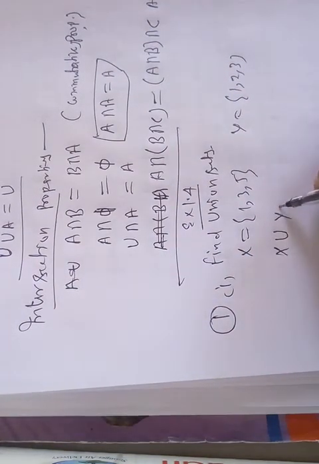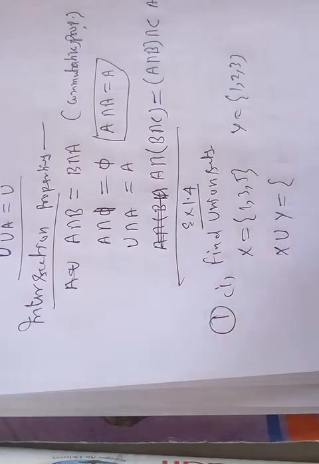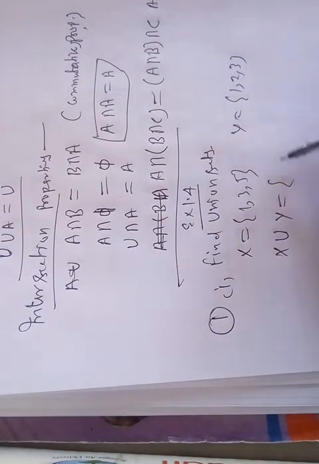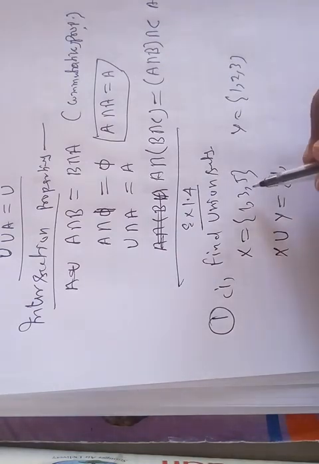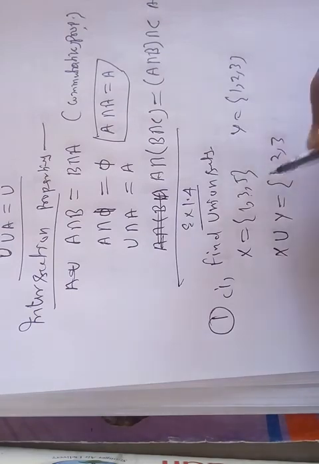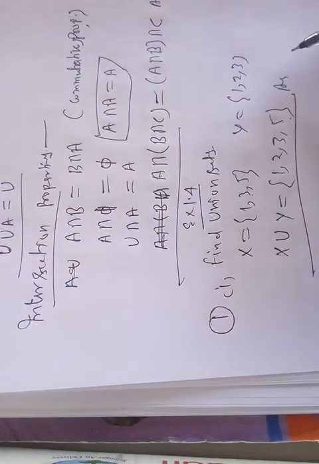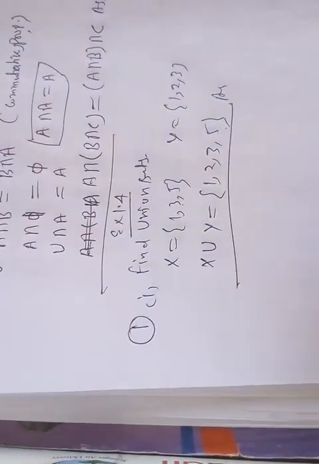X union Y takes the common element one time and all elements of X and Y. 1 is common, so use it one time, then 2, 3 one time, and 5. This is the union set. That's your answer.